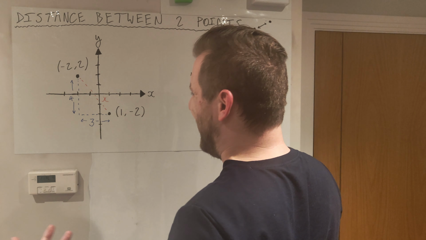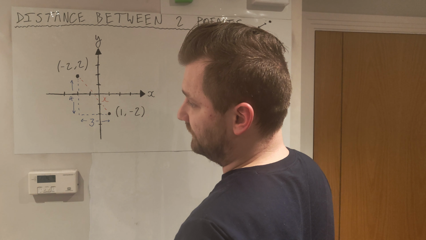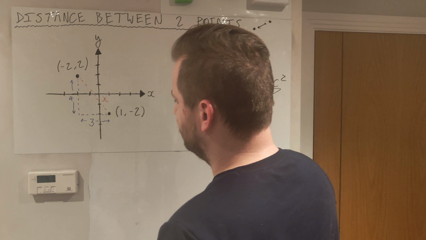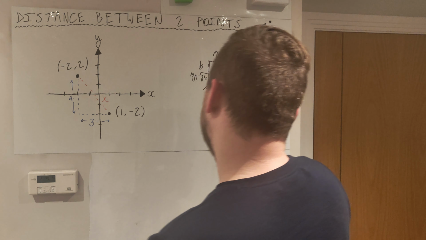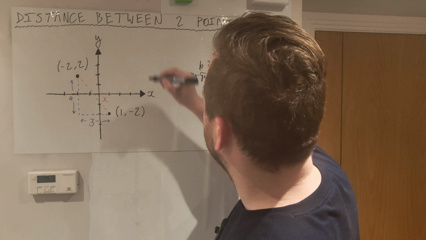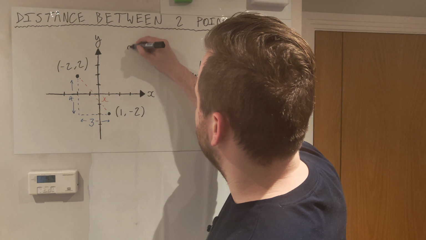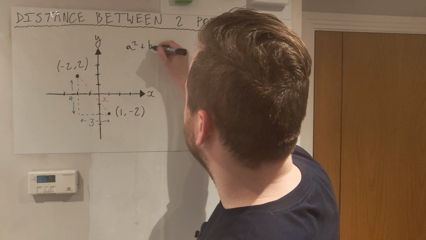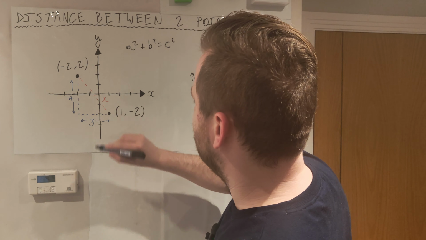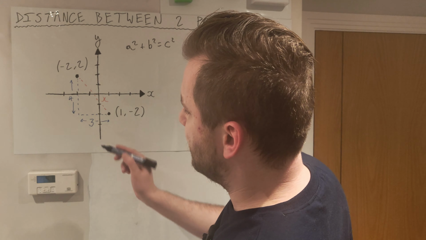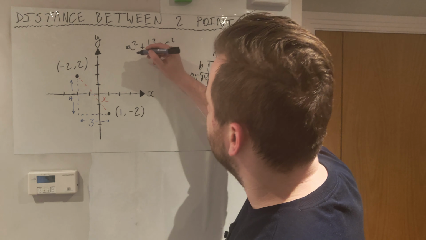So we effectively have a classical example for Pythagoras' theorem. It's 3 this way and 4 this way. So we know a squared plus b squared is equal to c squared. Let's call this a and this one b, it doesn't matter which one you call which.